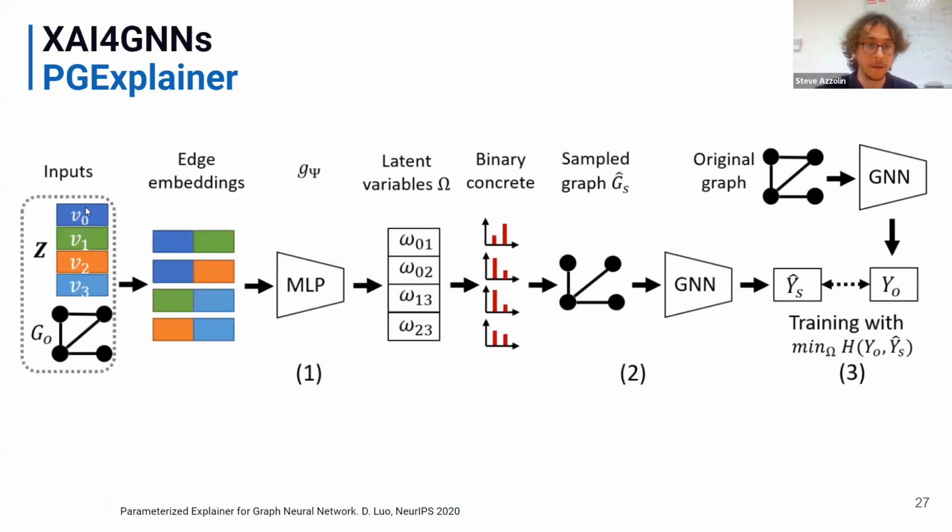So you have the features of your input nodes, and you create the features of your edges by simply concatenating the features of the nodes incident to a specific edge. And then you forward this embedding to a multi-layer perceptron, which then spits out a series of latent variables, which are then used to sample from a binary concrete distribution, which is nothing but a differentiable approximation of Bernoulli sampling, which gives you the final explanation, which is used to evaluate the objective function that we saw before, so the minimization of the entropy.